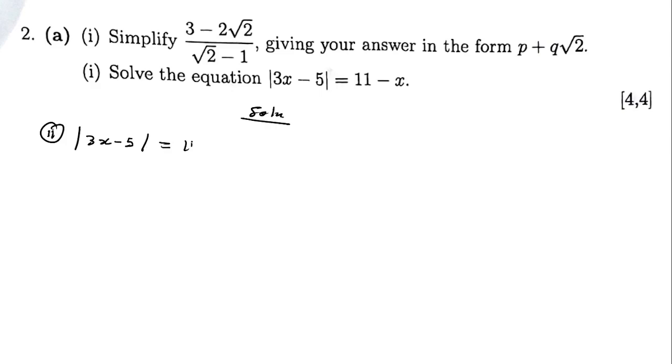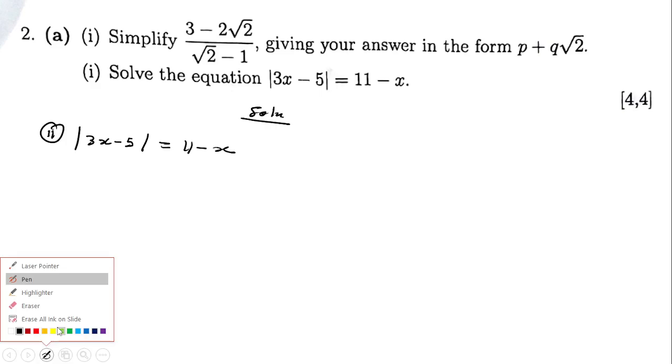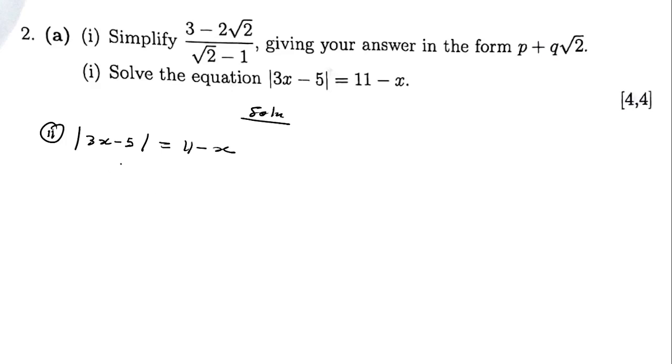is equal to 11 minus x. So for modulus, we are trying by all means to get rid of the negative part, and in that case this can easily be split into 2. So we are going to say 3x minus 5 is equal to positive or negative open bracket 11 minus x close bracket.